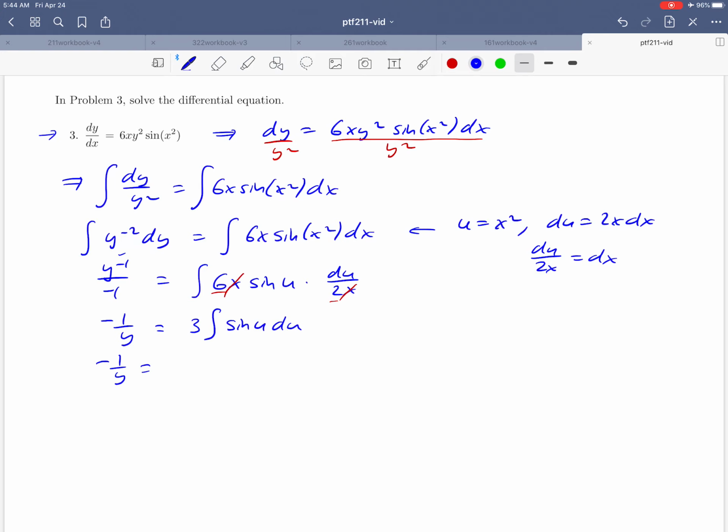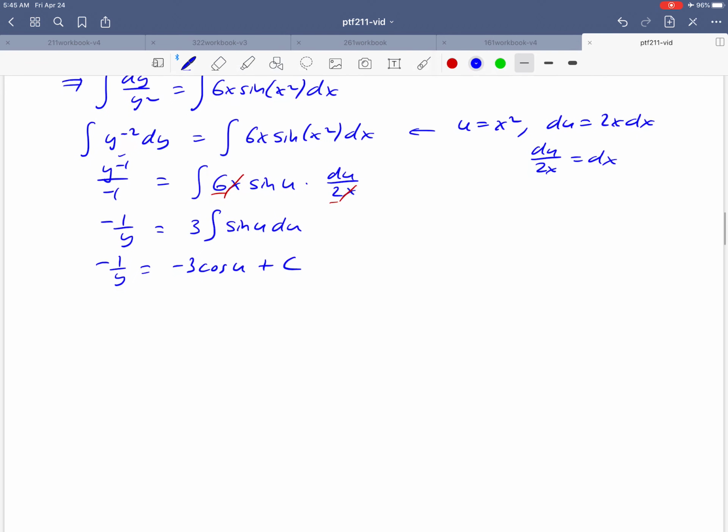If we take an antiderivative of sine of u, we are going to get negative cosine of u. And then finally go ahead and fill in what that u is equal to. Looking at our work, that's just x squared. And we're done with the integration part.